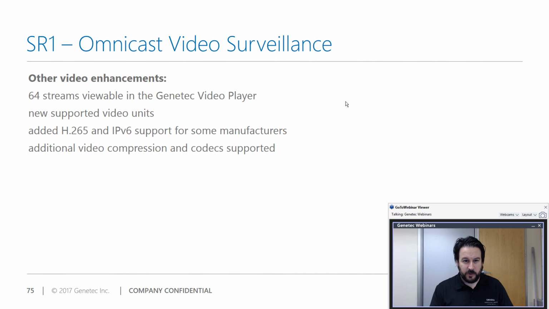We've got a few new supported video units, some new manufacturer support for H.265 and IPv6, and some additional video compression and codecs that are supported for a few manufacturers as well. You can look at the release notes if you want more details on which particular manufacturers have this added, but for the sake of time, I just wanted to point that out.